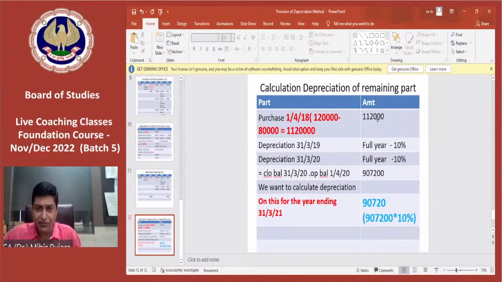Somebody was asking about this working note, so I have put on the screen. Okay guys, without wasting time, let's move to the last point. The last point of this is revision and revaluation.